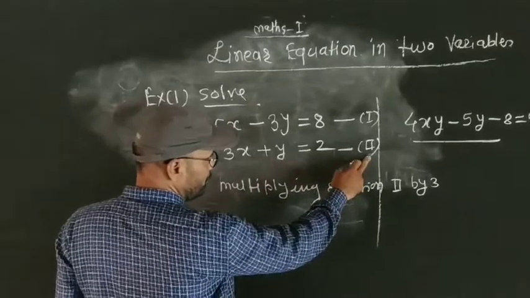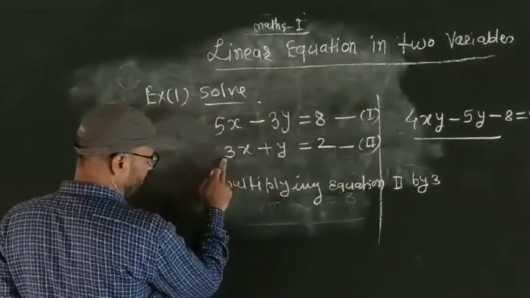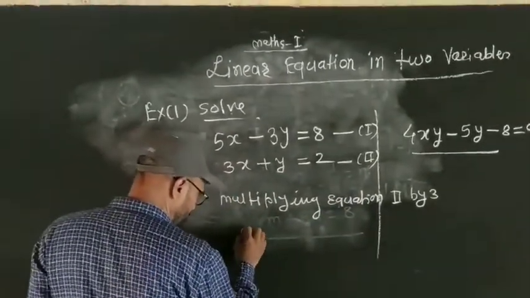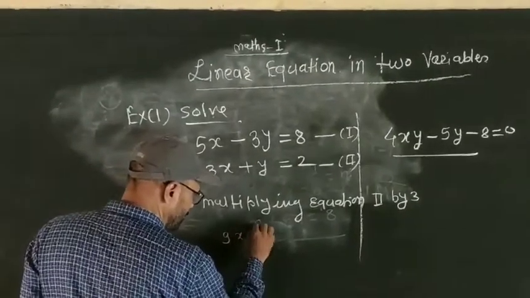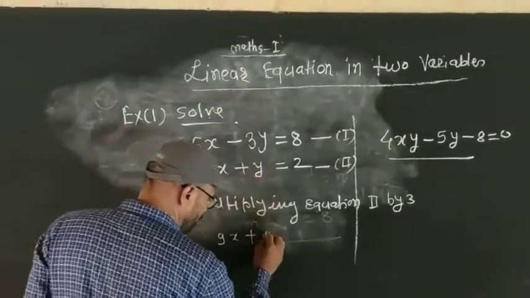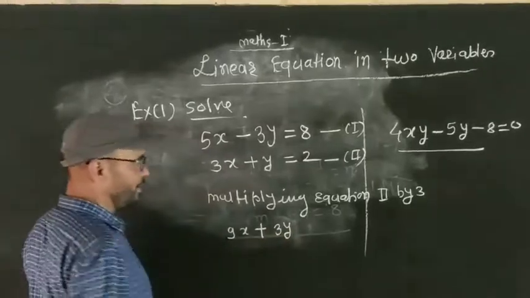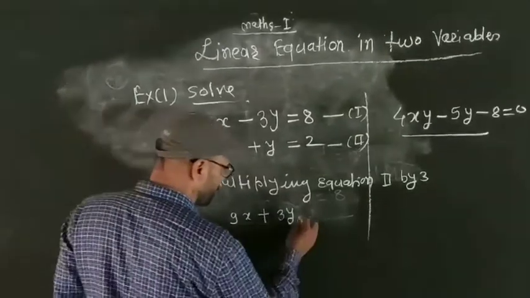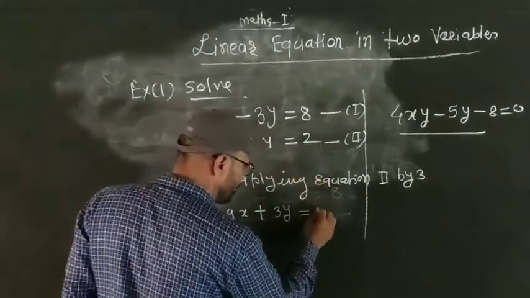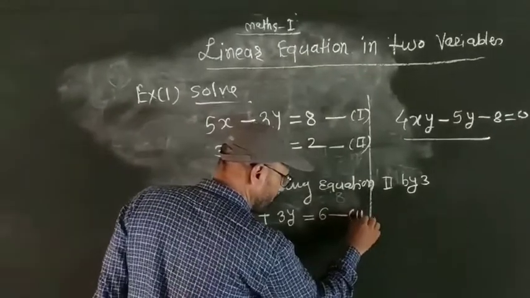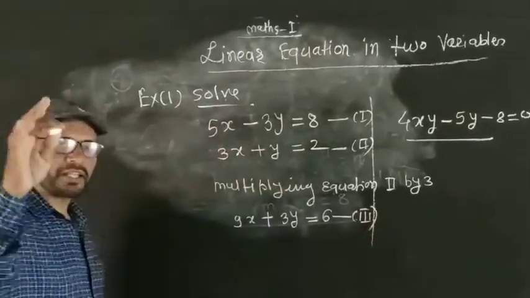Now multiply this equation by 3. Here 3 into 3 is 9x, plus y into 3 is 3y, equal to 3 into 2, which is 6. We name this equation number 3.